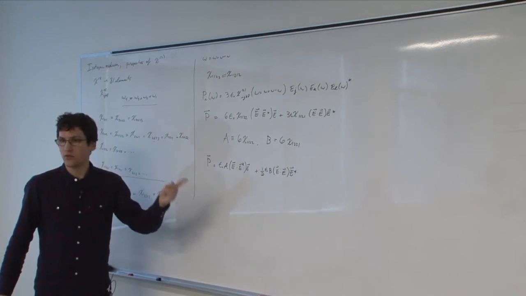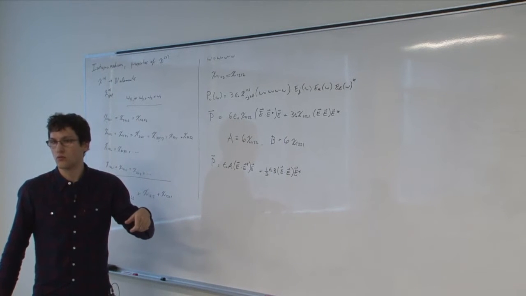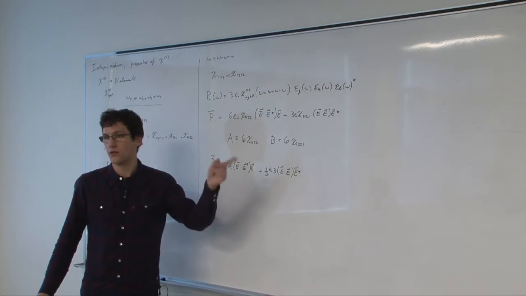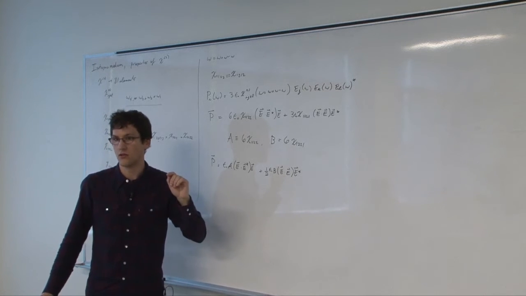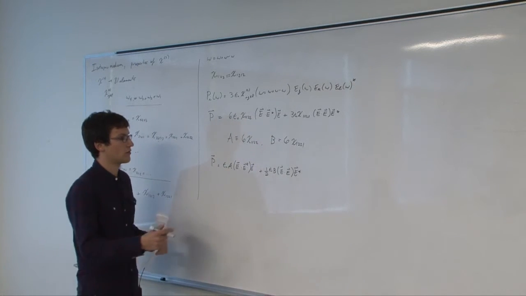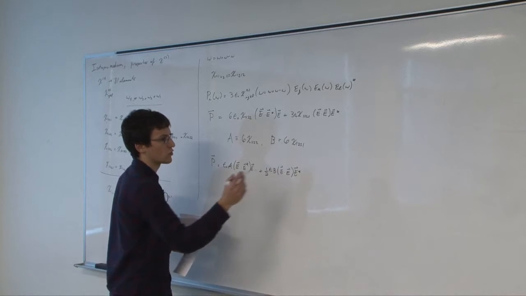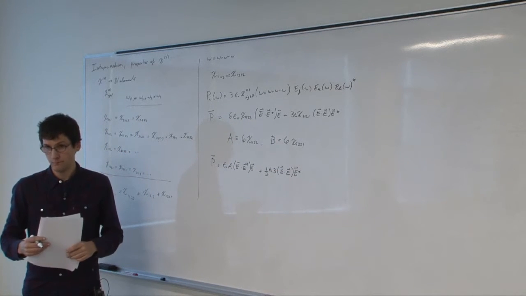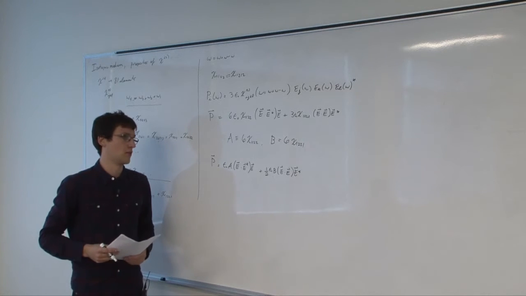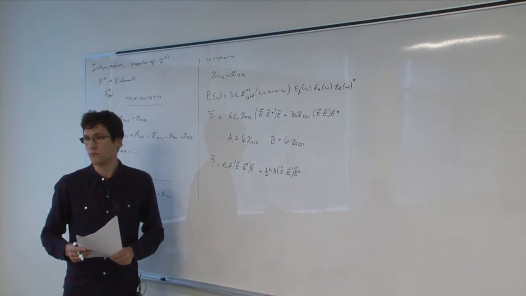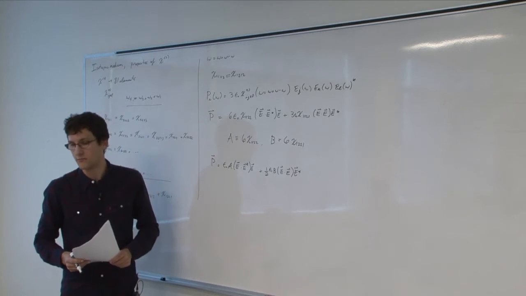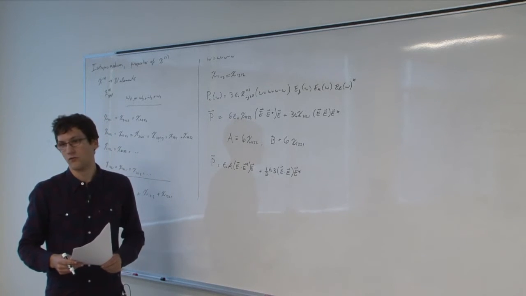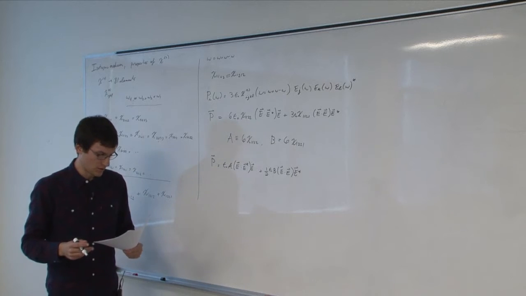Because when you have left circularly polarized light and you take the complex conjugate of it, you get right circularly polarized light. And so they will have different contributions here based on the helicity of the polarization.